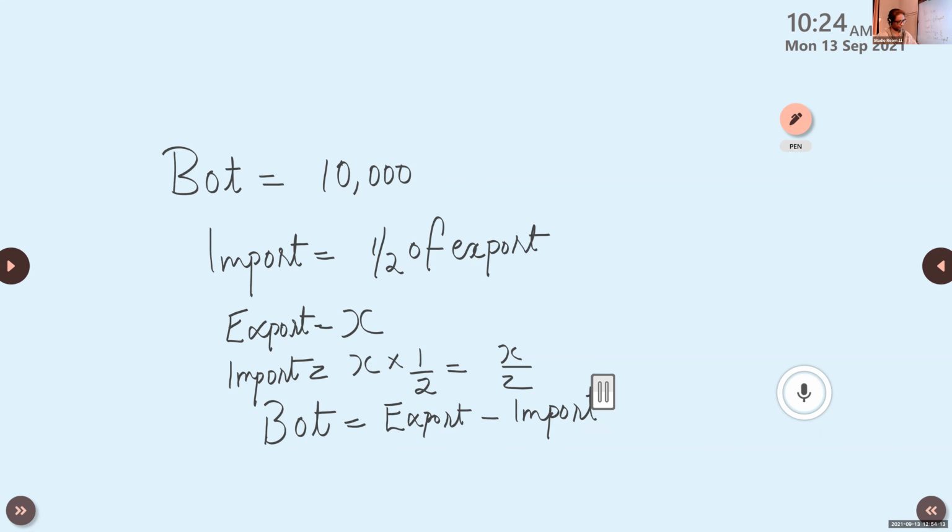Irfan, write down the question. The balance of trade shows a surplus of rupees 10,000 crore, and the import of merchandise is half of the export of merchandise.